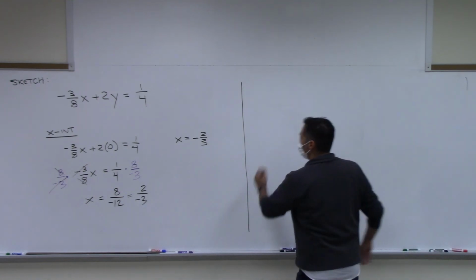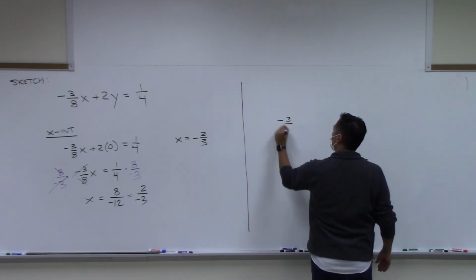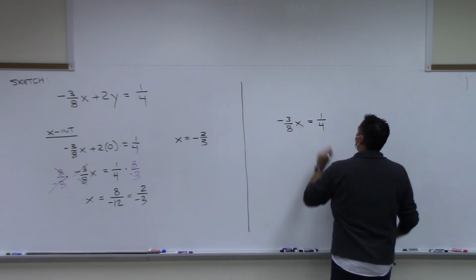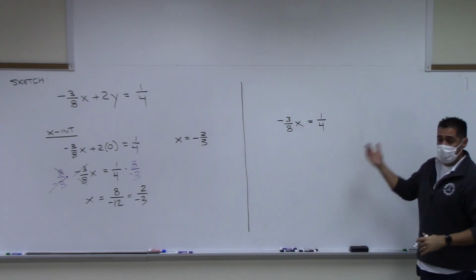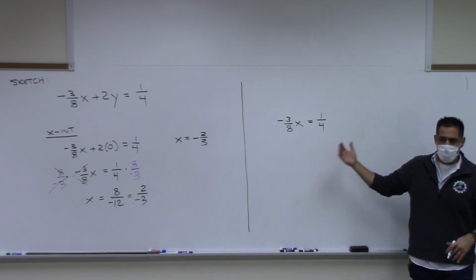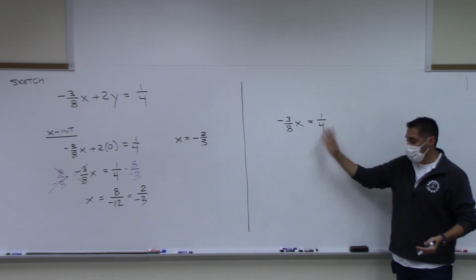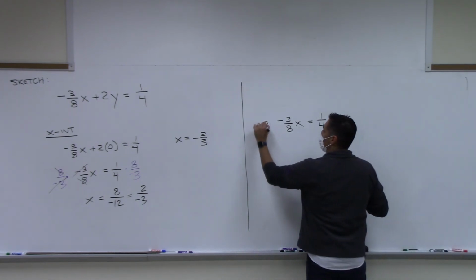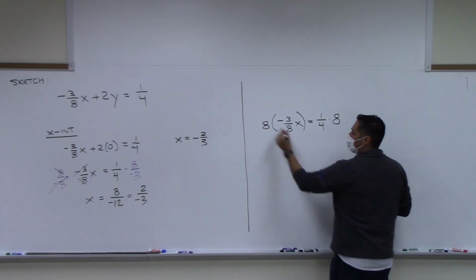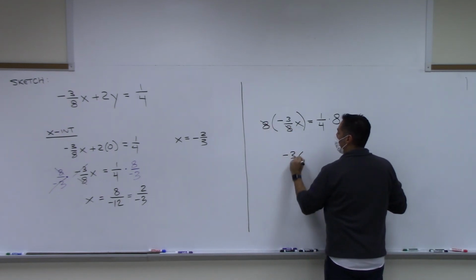Now, let me just show you a different way you could do this. If you're a person who likes to do procedures, then you would clear the fractions first. This is a linear equation, you clear these fractions. So I multiply this side by 8 and this side by 8. When I do it on the left, I get negative 3x.